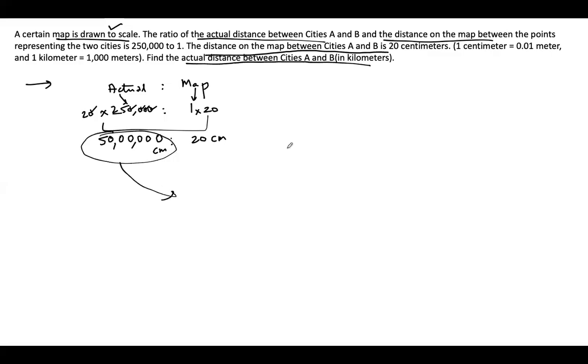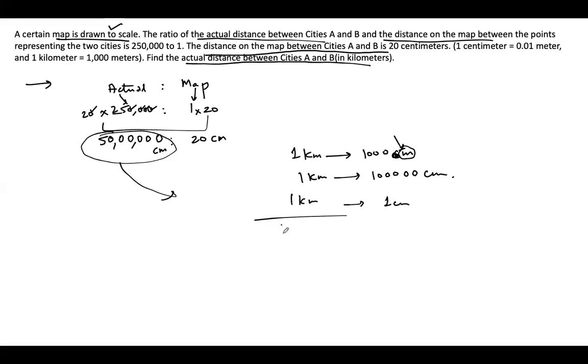So we need to find the distance in kilometers. We need to know 1 kilometer is 1000 meters and 1 meter is equal to 100 centimeters. So 1 kilometer is 1 lakh centimeters.